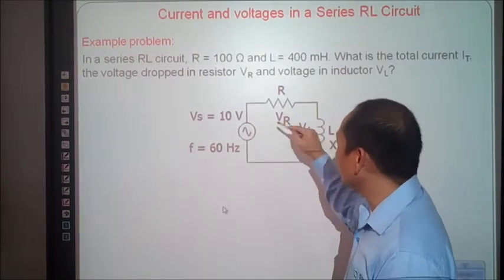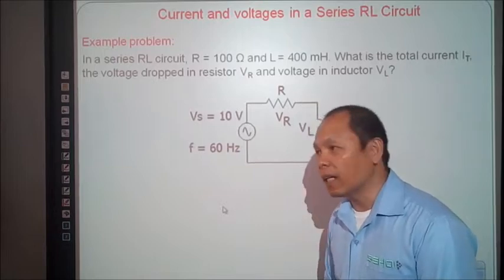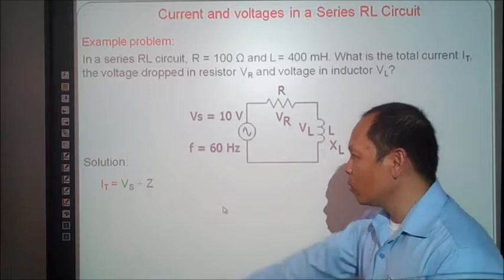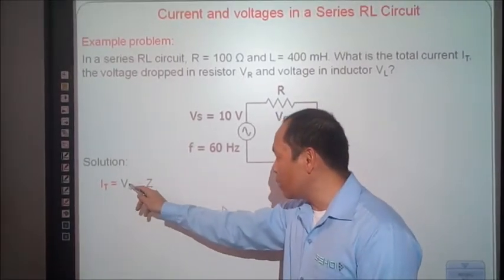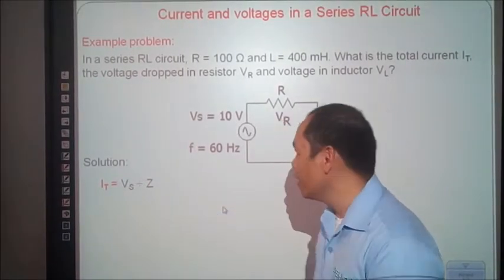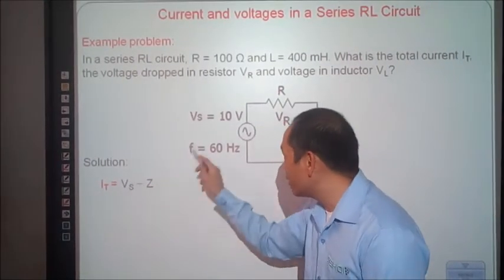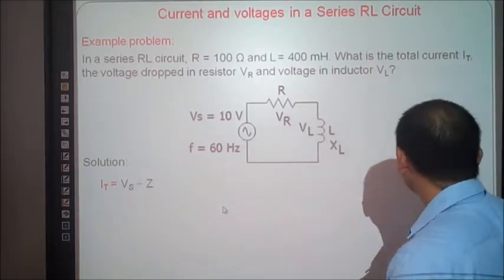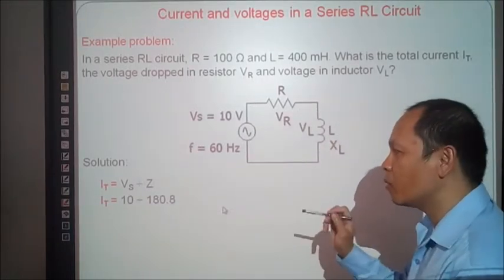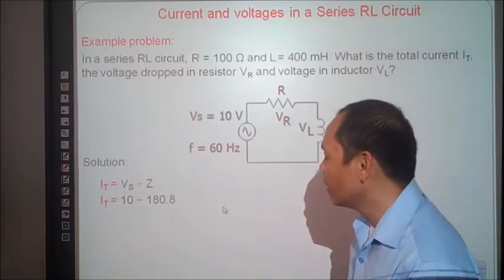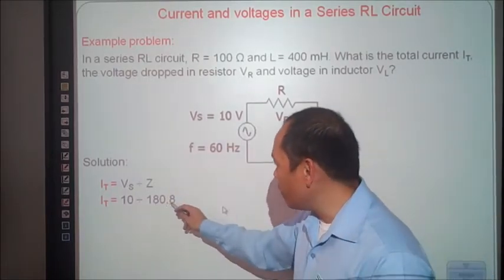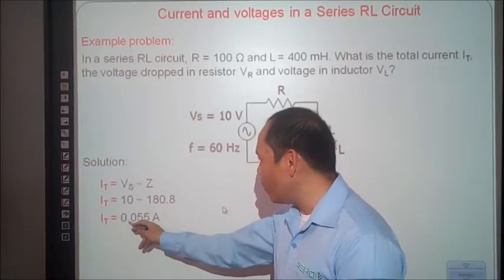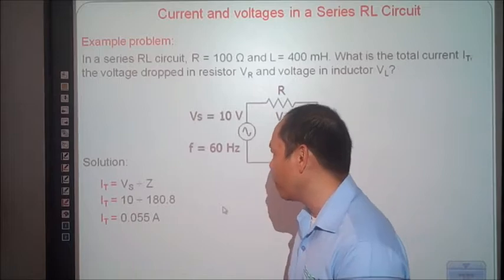So before we solve for the voltage, we will solve first the total current. Okay, this is the formula. Solution. So total current is equal to the source voltage divided by the Z. So substitute the value of Vs, 10 volts, divided by Z, which is 180.8. Okay, so this is the impedance. So your total current is equal to 0.055 ampere.